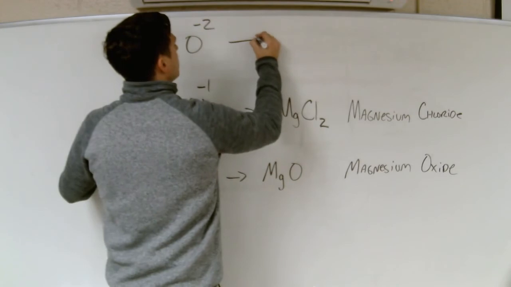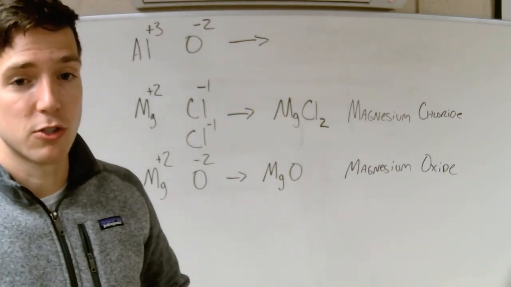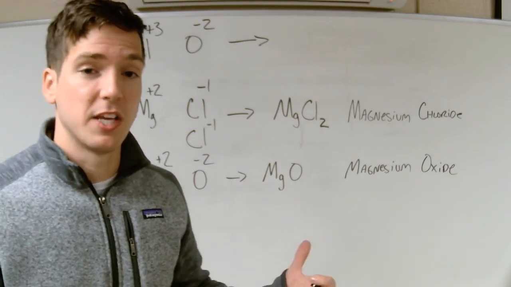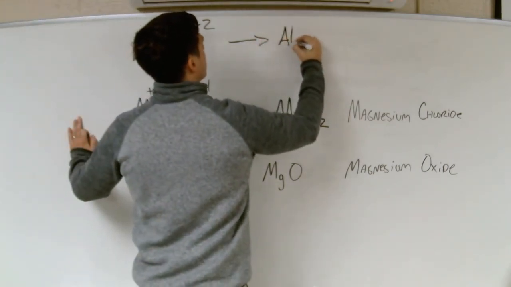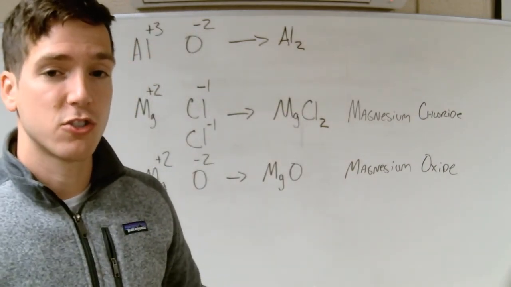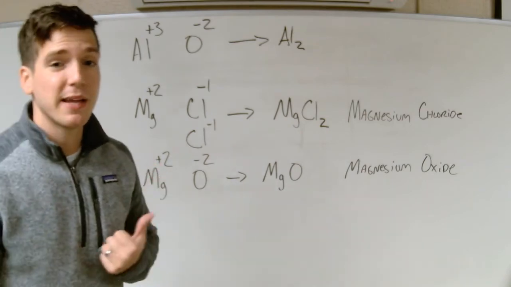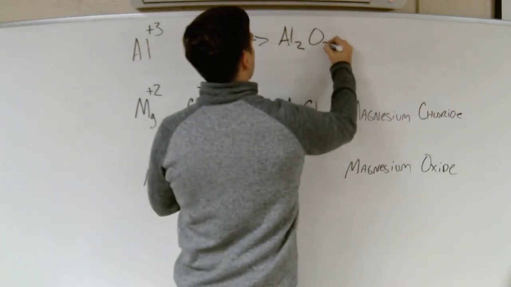So if we move this over and we combine them, aluminum has a plus 3 charge. To get that to plus 6, how many aluminums would we need? We need 2, right? Now all the aluminum have a plus 6 charge. To get oxygen to minus 6, how many would we need? 3.